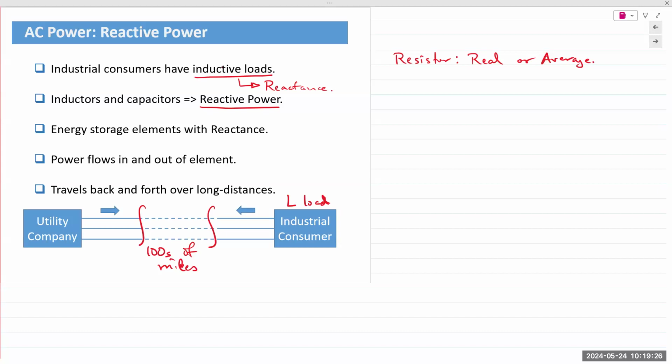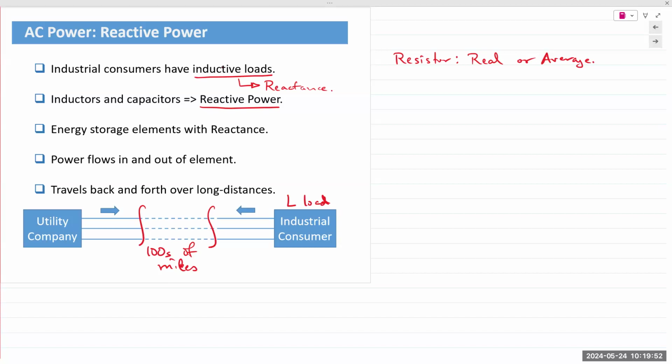Remember, we are still dealing with complex numbers. So real power, average power for the resistor, is represented by the real number for the real portion, and the reactive power associated with the inductor and capacitor is represented by the imaginary number. Hence, it's a mathematical representation. So we term it as real power and imaginary power, but I prefer to use average power.